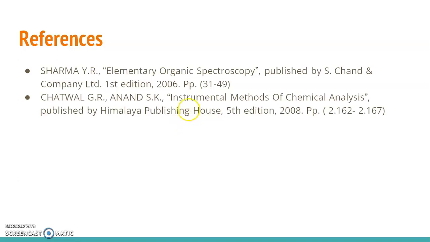One more important thing before I conclude with this topic is that these Woodward-Fieser rules are calculated for conjugated dienes having less than 4 double bonds.